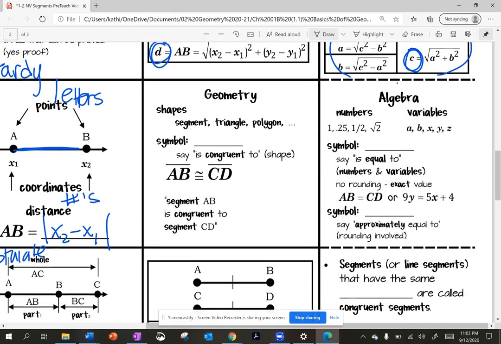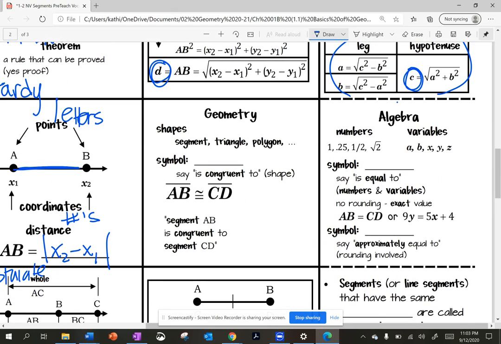Okay, so let's talk about some differences when we're talking about geometry versus algebra. Okay, so in geometry, we're talking about shapes, segments, triangles, polygons. So when I'm saying they're the same, I say congruent, and I use this symbol. When they're the same in algebra, I use an equal sign.